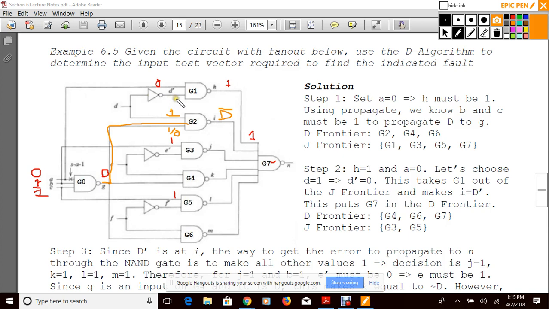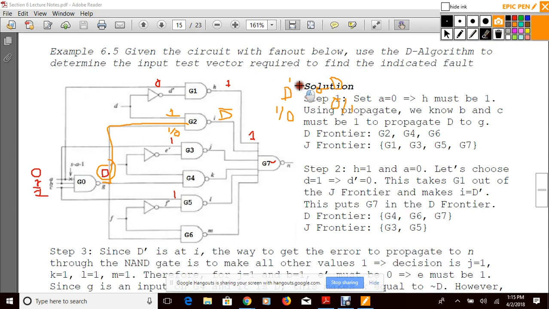And that means, no, it's D here, and with the NAND gate, if it's D and 1 on a NAND, it's going to produce D bar on the output. Because here we're expecting a 1 and getting a 0, and here we're expecting a 0 and getting a 1. Because 1 and 0 will put a 1 on the output of the NAND gate. Does that make sense? Okay, good.